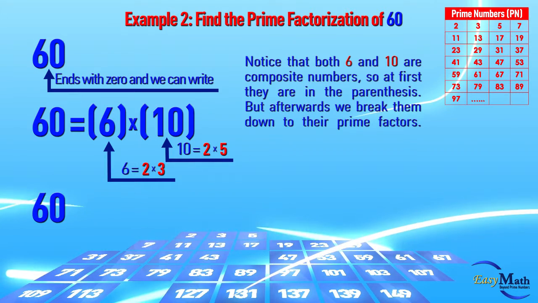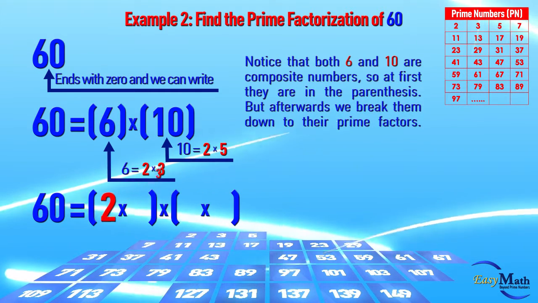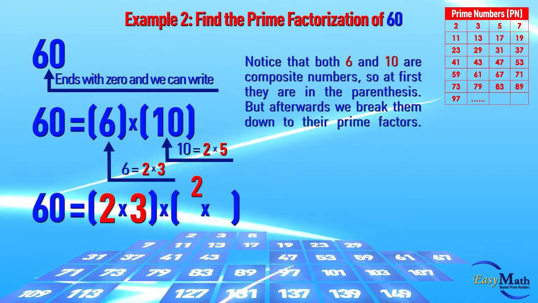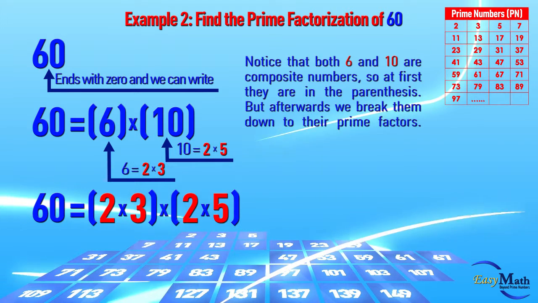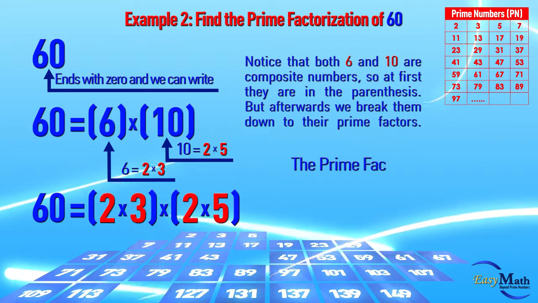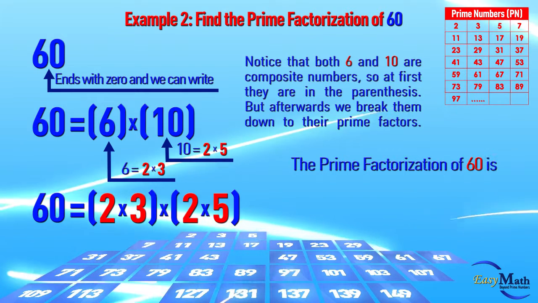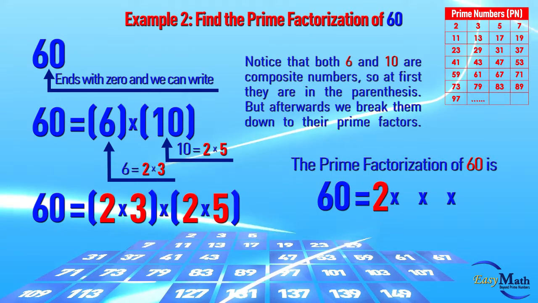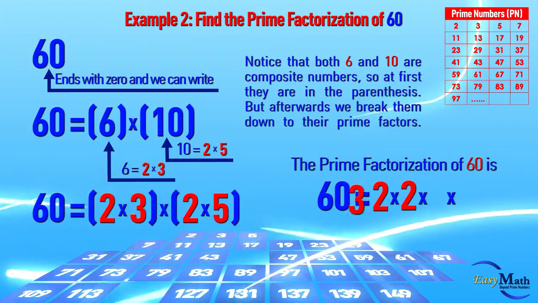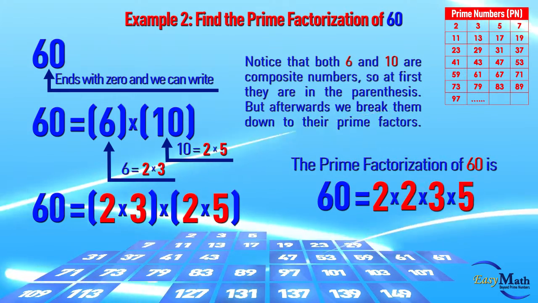Therefore, 60 equals the grouping 2 times 3 times the grouping 2 times 5. Thus, the prime factorization of 60 is 60 equals 2 times 2 times 3 times 5.